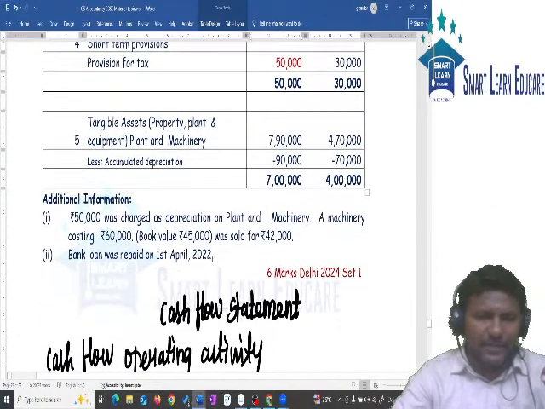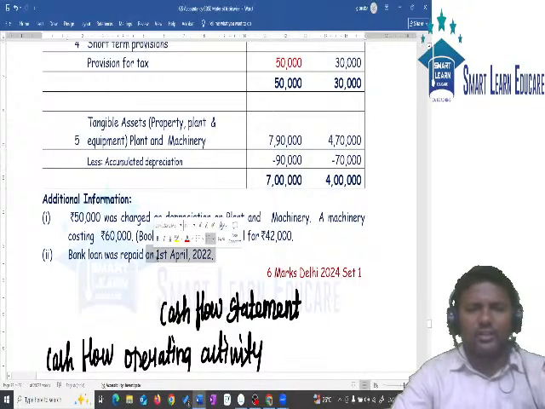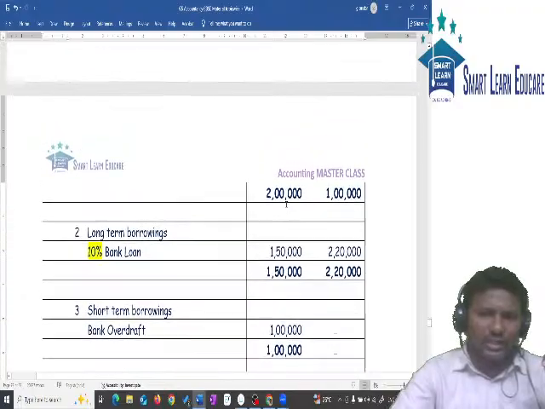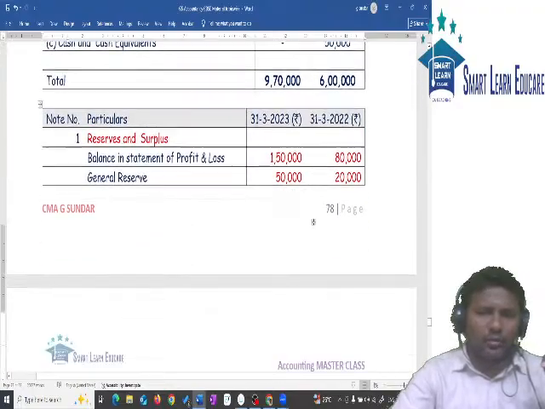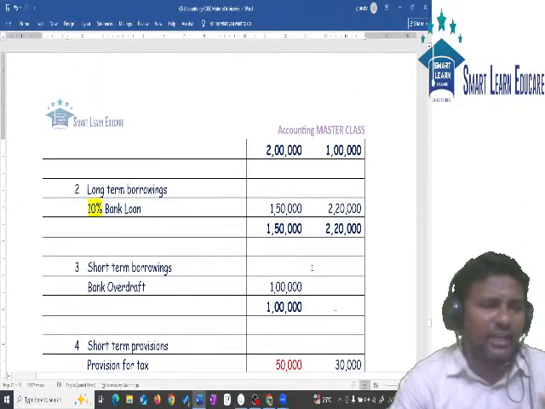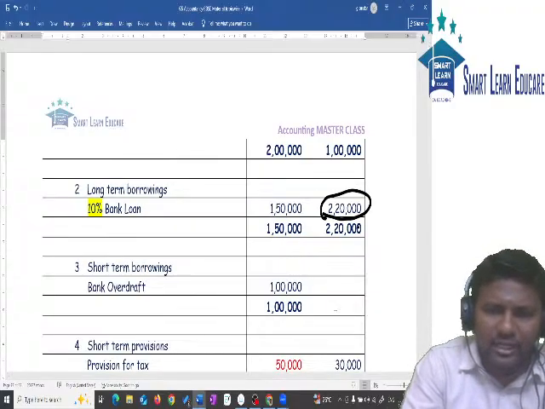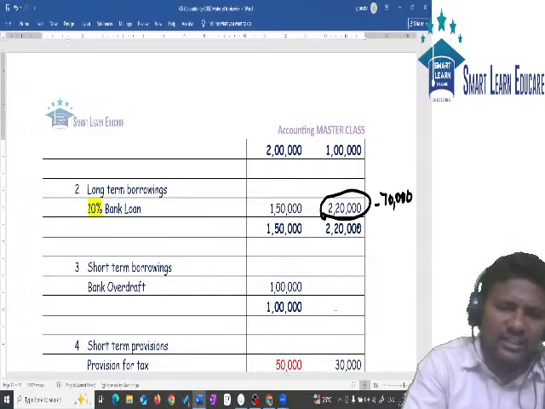Here it is given that this loan is repaid on 1st April 22. This loan is repaid on what date? 1st April 22. It means at the beginning of the year how much amount is paid? We have outstanding of 2 lakh 20. In that, 70,000 is paid, on 1/4/22.